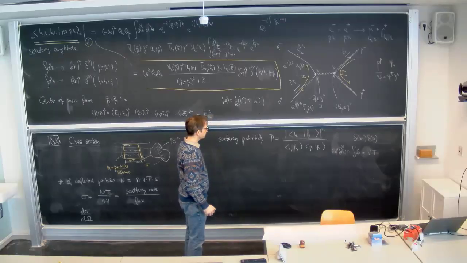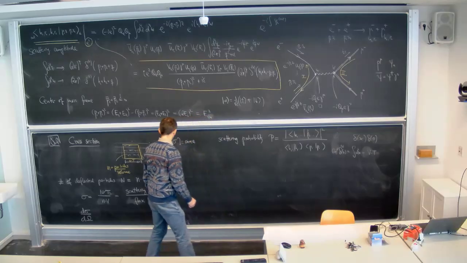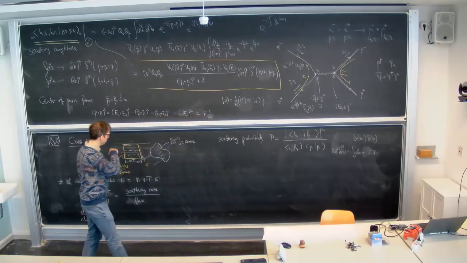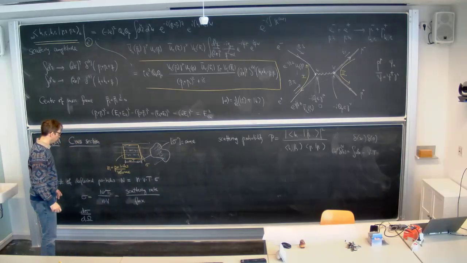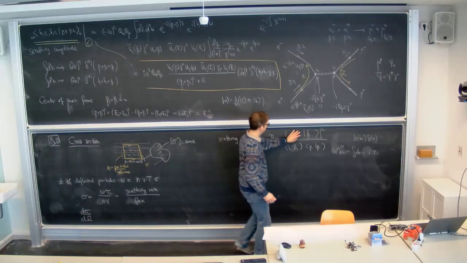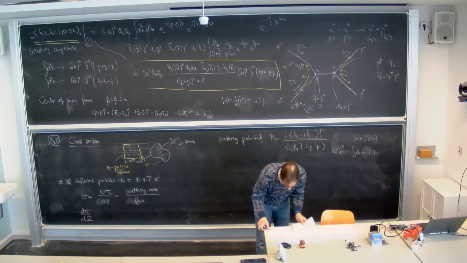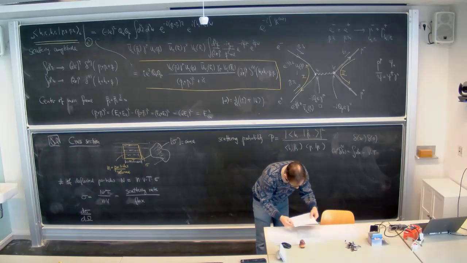And then you have to integrate over all your options, where the particles go, so over these p's here. And so I guess at the end of the day, you end up with this formula.